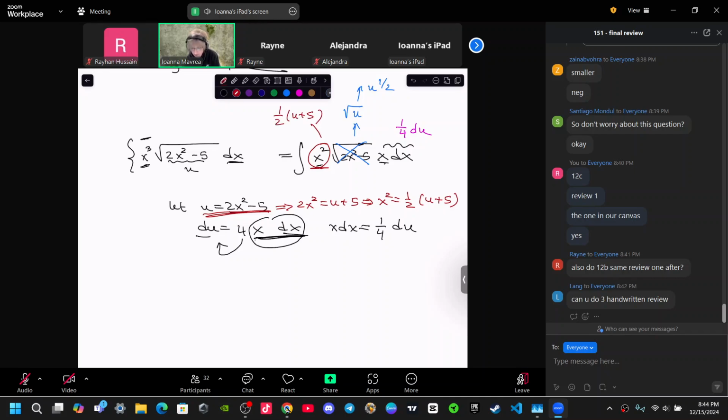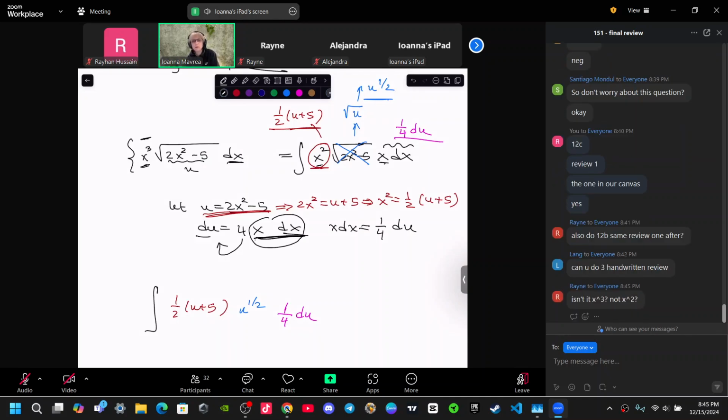So I'm going to put everything together. That, this thing, and then this thing. So that's my new integral, and there are no limits. Good.